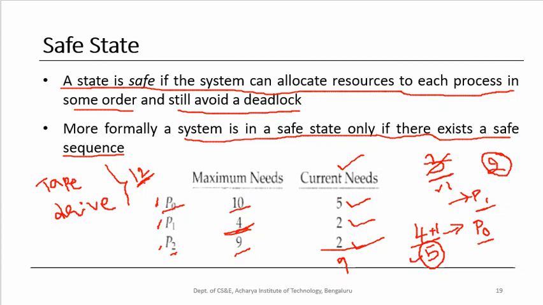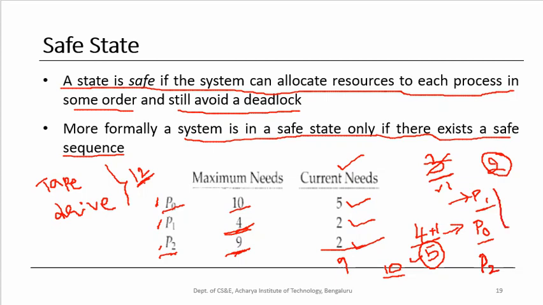Next, after the execution of P0, P0 is going to release all 10 instances of tape drive. Does that meet the requirement of P2? Yes, because it needs a maximum of 9 and it is now holding 2, so we can allocate 7 more instances of tape drive that will meet the requirement of P2, and P2 can execute.